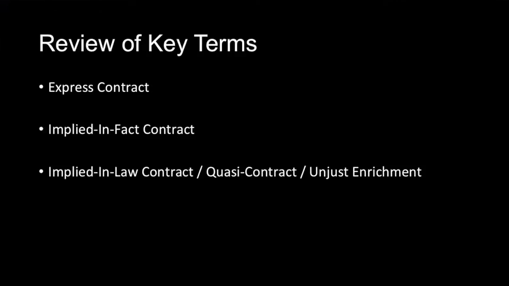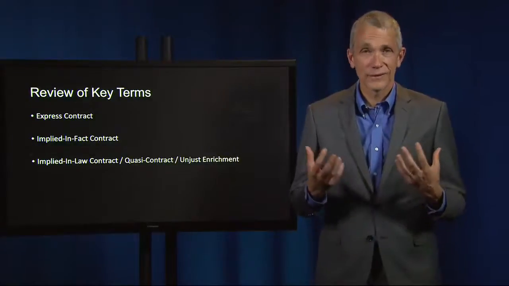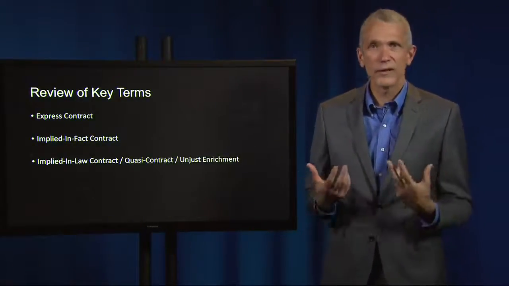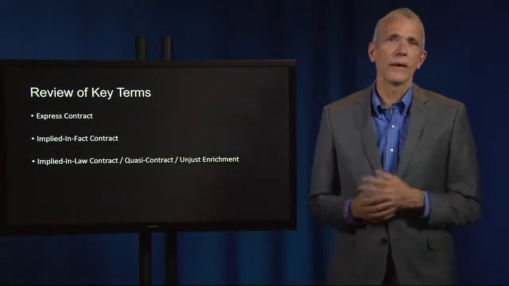It's not one where people made explicit or implicit exchange of promises. Instead, it's an obligation imposed by the law to prevent unjust enrichment. It's also called an implied in law contract or a constructive contract. There doesn't have to be mutual agreement for a quasi-contract.